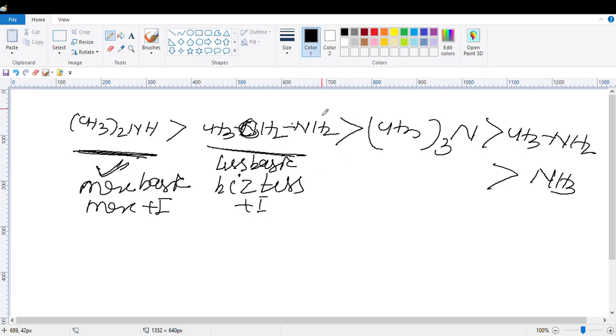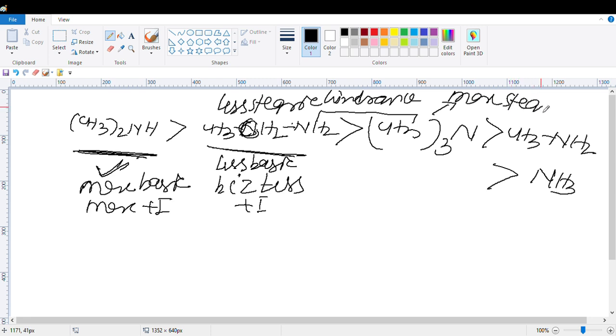But when there is a comparison of ethylamine and trimethylamine, then here less steric hindrance and trimethylamine has more steric hindrance.